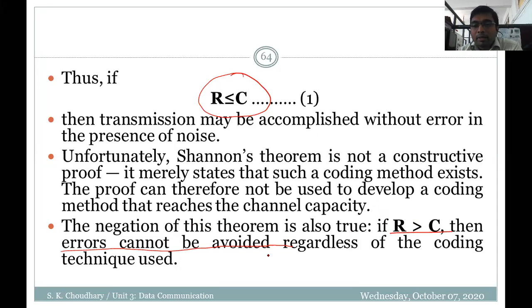Practically it is not possible, but if you take the arbitrary condition that R is greater than C, then whichever coding technique you use, it does not eliminate the error. The error would persist in the data. That's why we have defined R is less than or equal to C. So everyone note it down. That is equation 1, which will be used further when we proceed with the topic.